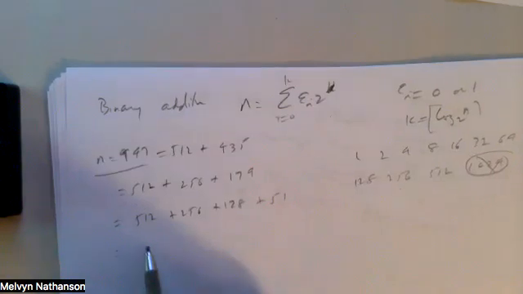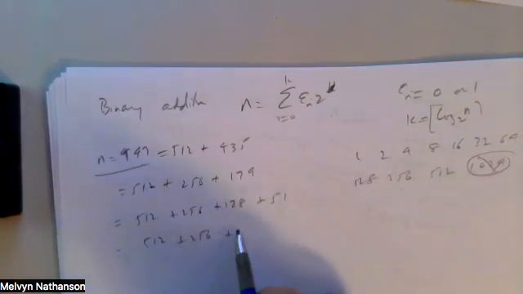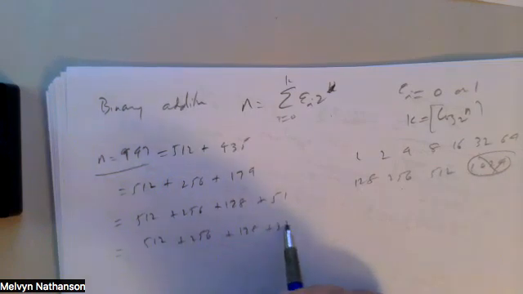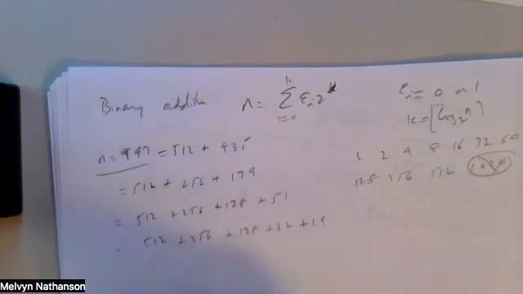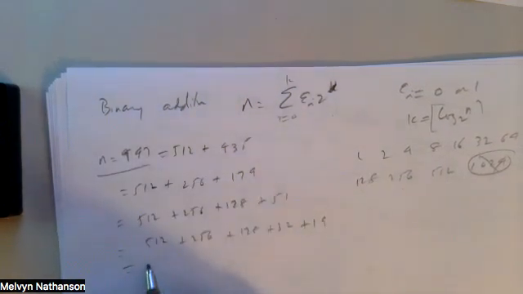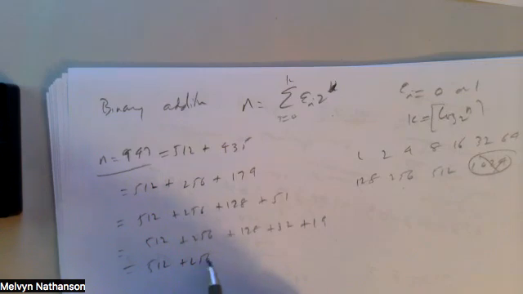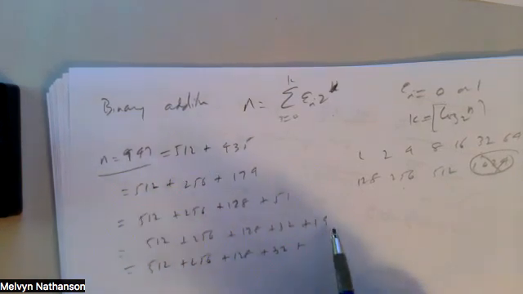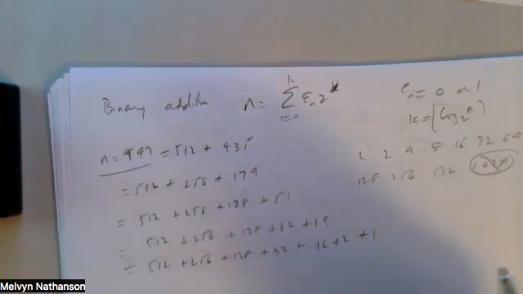The largest power of 2 there will be 32. 512 plus 256 plus 128 plus 32 plus 19. We get 512, 256, 128, 32, and 19 is 16 plus 2 plus 1.